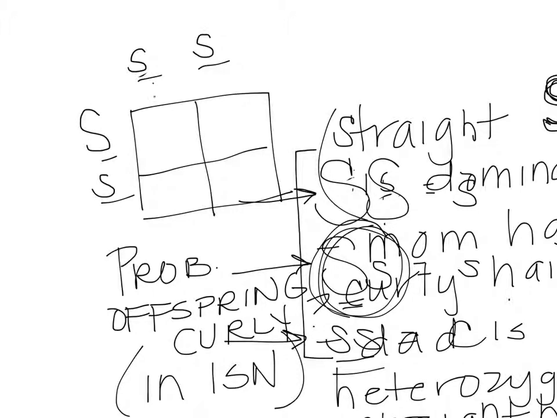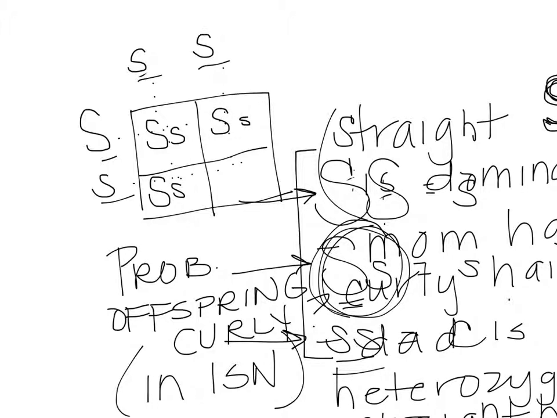So remember, when you're doing your Punnett squares, you just do it just like you're reading a multiplication chart. So this would be capital S, lowercase s, capital S, lowercase s. Remember, capital always goes first, just to remind you that the dominant is going to win.